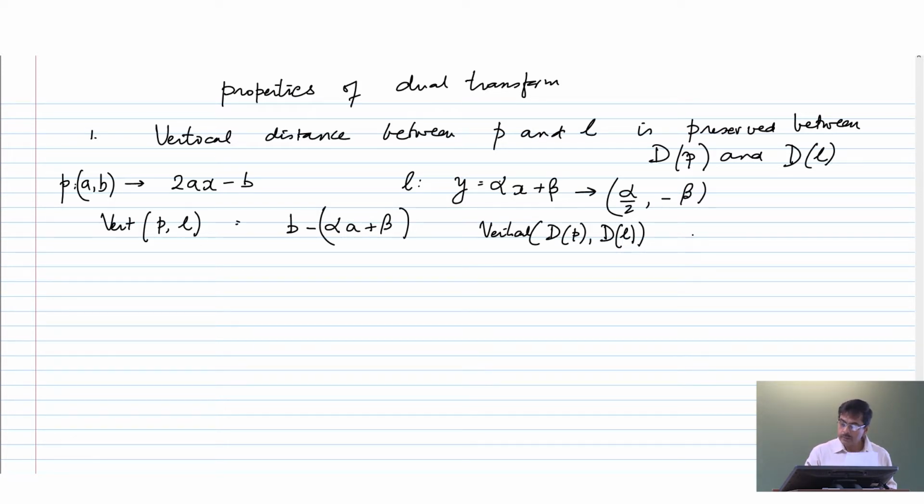So, it will be minus beta minus alpha a minus b, that equals b minus alpha a plus beta. So, it is the same.